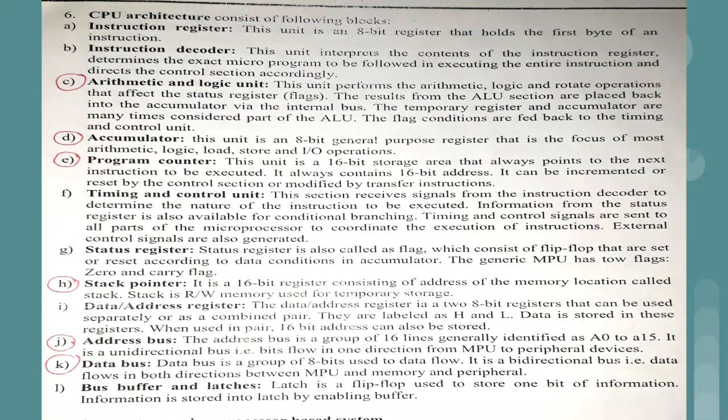Out of these, there are 2 flags given in this point, the zero flag and the carry flag. So when the arithmetic logic unit performs any operation like addition or subtraction, according to the result these particular flags are set or reset.